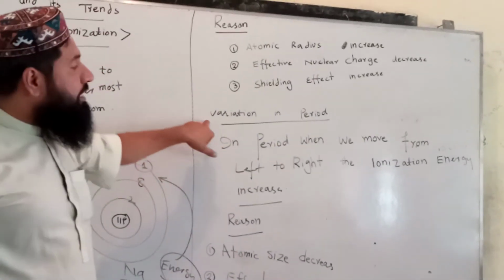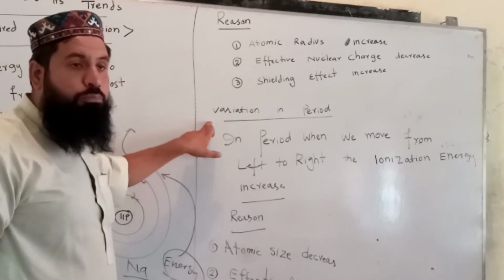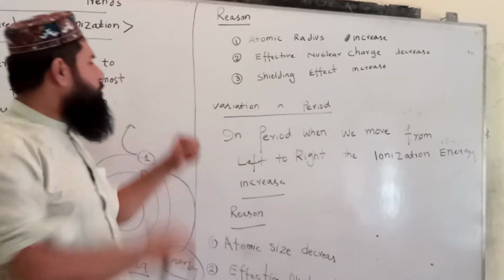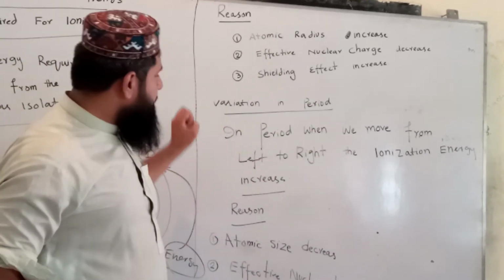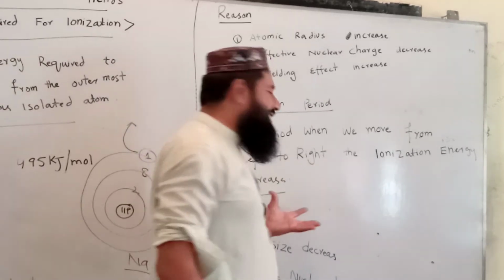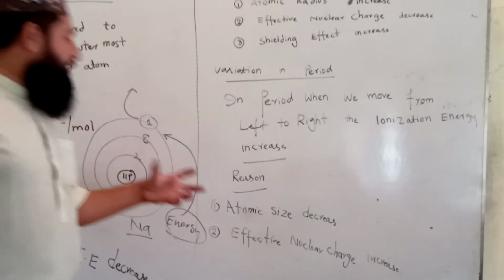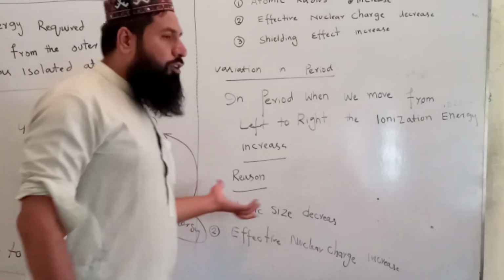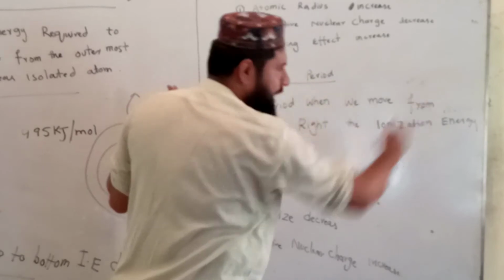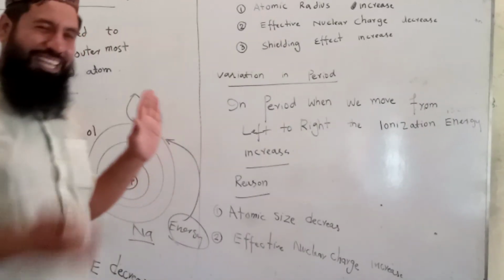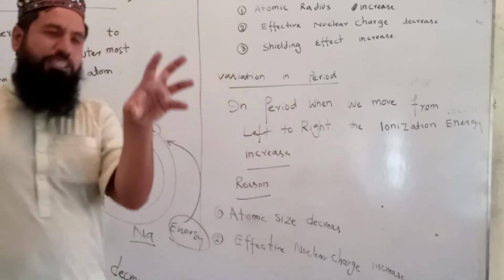Now variation in the period. What happens to the ionization energy when we move across the period from left to right? In a period, when we move from left to right, the ionization energy increases. Why is there an increase in the ionization energy? Because in a given period, the size decreases, the size squeezes.